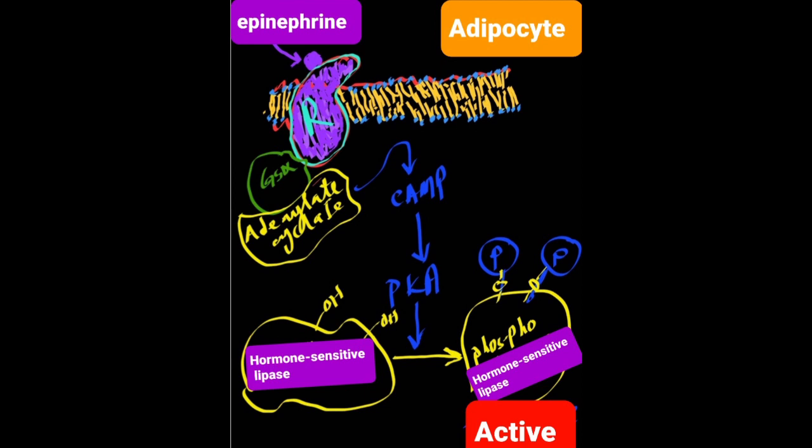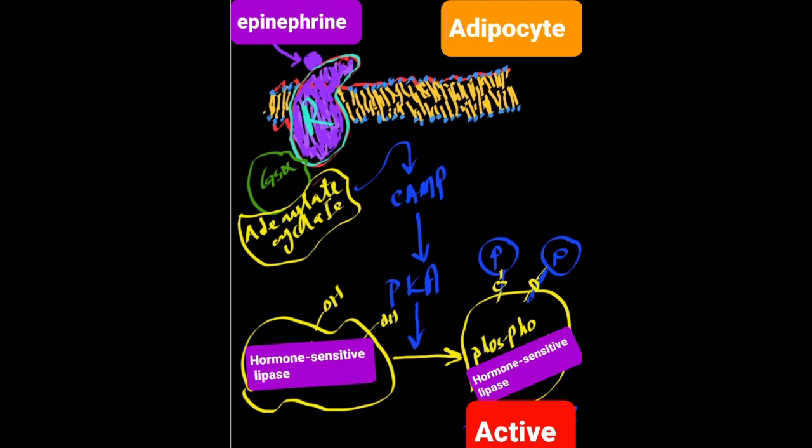Following a cascade of post-receptor events, this hormone-sensitive lipase is activated due to phosphorylation by a protein kinase called protein kinase A. As a consequence, hormone-sensitive lipase gets activated and will start breaking down triacylglycerols stored in adipocytes.